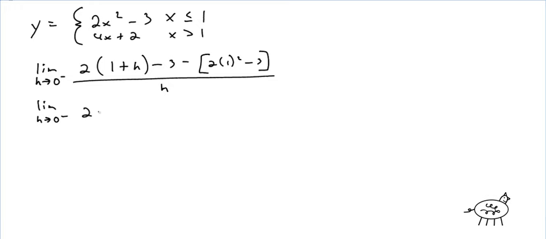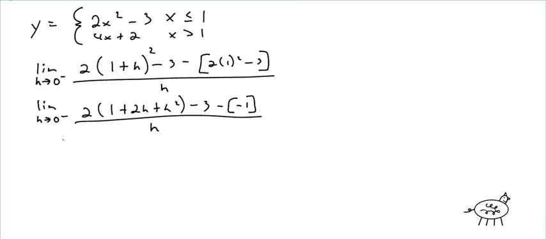Okay, and we simplify that. This is squared here, so 2 times 1 plus 2h plus h squared minus 3, and that's going to be 2 times 1 is 2 minus 3 is negative 1, so it's really minus negative 1, all over h.